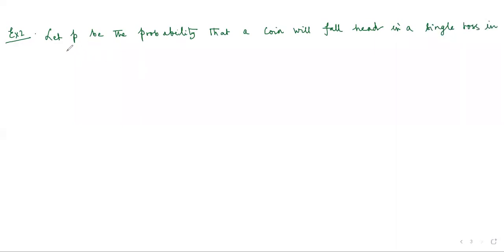In order to test H naught, the null hypothesis, that small p is equal to half against the alternative hypothesis that small p is equal to 3 by 4.